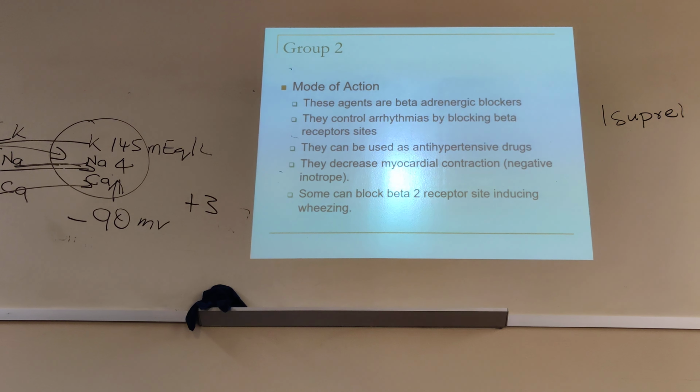So, some of the beta blockers are not very good for COPD patients. In fact, if you get a COPD patient that needs a beta blocker, you have to really select one that will not block the beta-2 receptor side. Otherwise, they're going to wheeze more or have more difficulty breathing in.